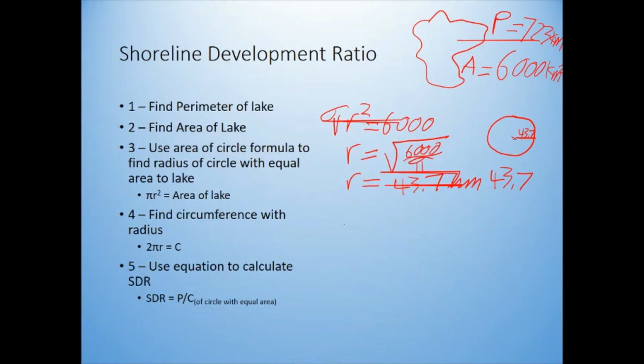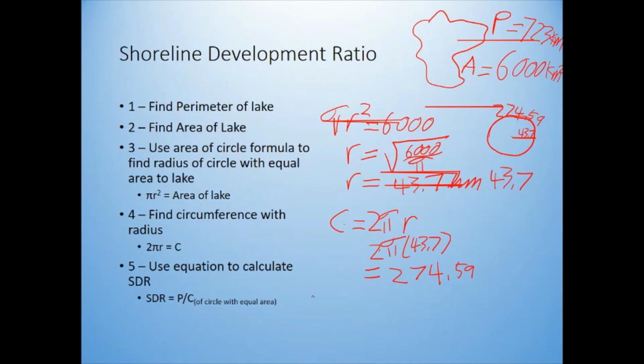Now let's find this circumference. Circumference equals 2 pi r, so 2 pi times 43.7, and that would equal 274.59. So this theoretical circle with 6,000 kilometers squared would be 274.59 kilometers around.